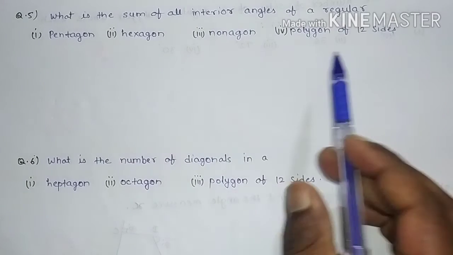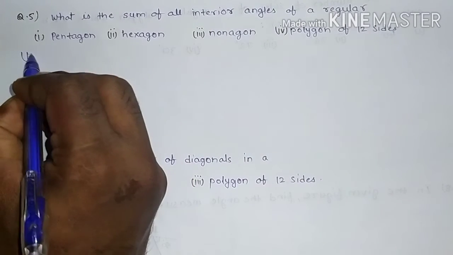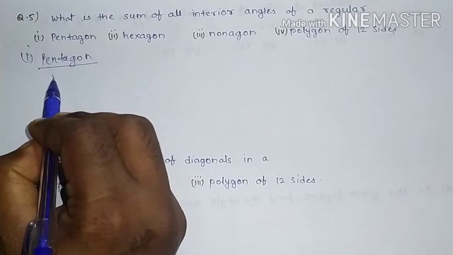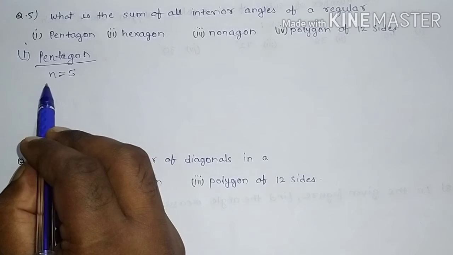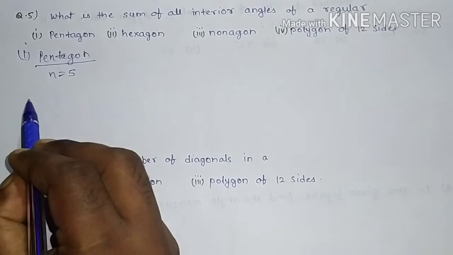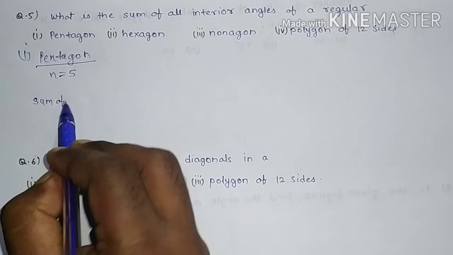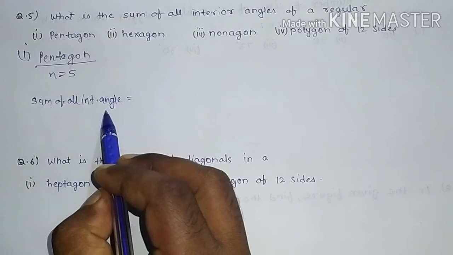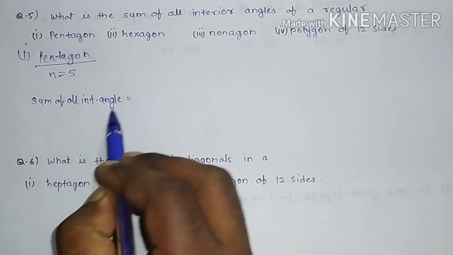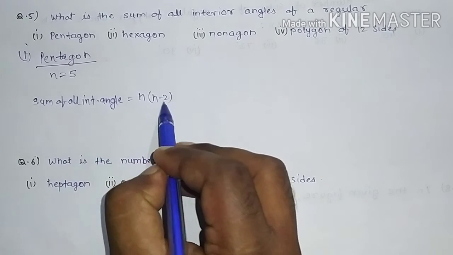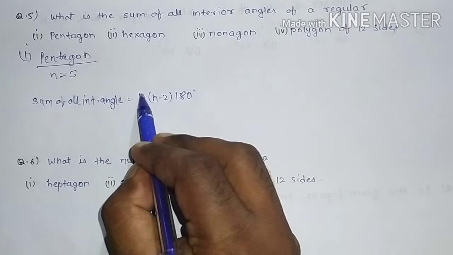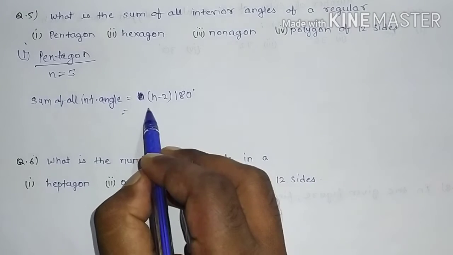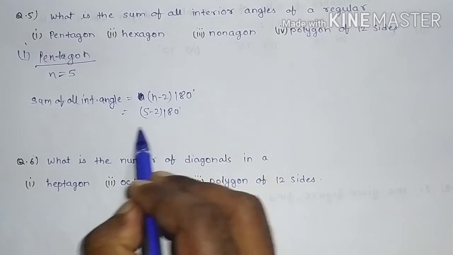First, a pentagon is given, and the number of sides of a pentagon is 5, so n equals 5. The formula is the sum of all interior angles equals (n minus 2) times 180 degrees. Put n equals 5: 5 minus 2 times 180 degrees.